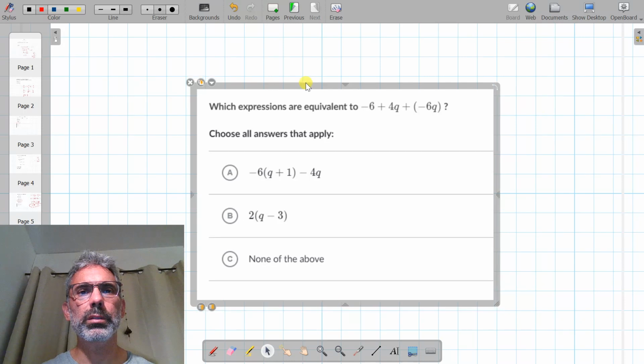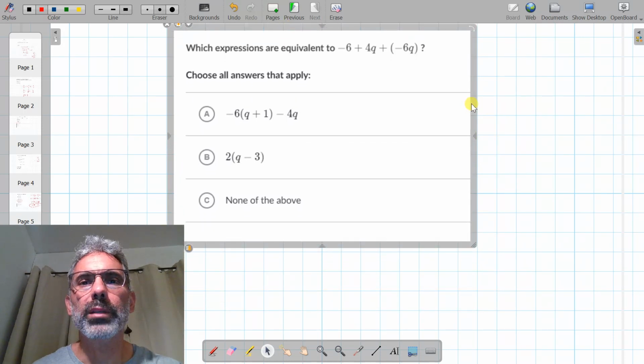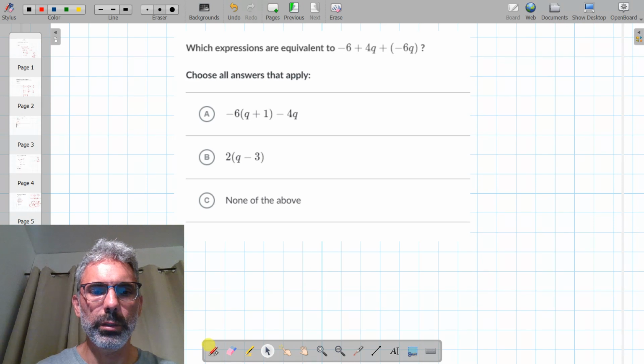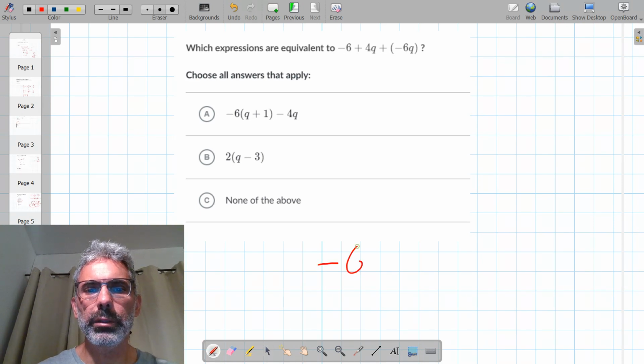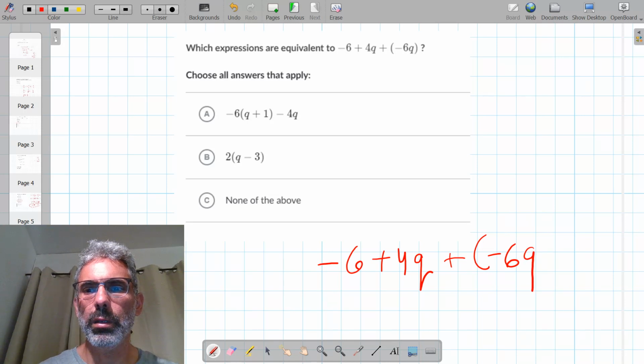Which expressions are equivalent to minus 6 plus 4q plus minus 6q? Okay, so let's rewrite this, minus 6 plus 4q plus minus 6q.